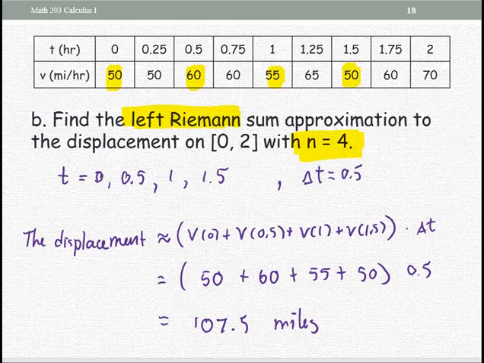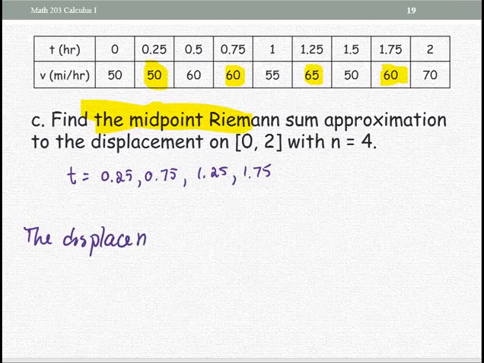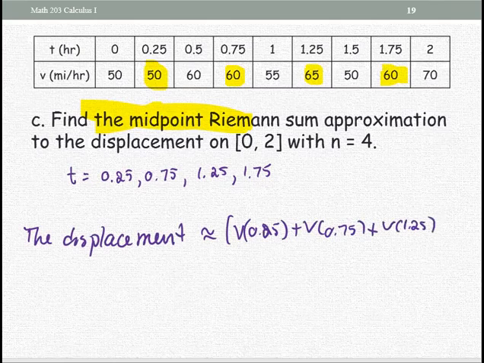And then same way for the last one, we use the midpoint Riemann sum. In this case, since we listed the points of calculation, and delta t is 0.5, we're going to use the function values at those points. So the displacement is approximately equal to the sum of the velocity at 0.25 plus the velocity at 0.75 plus the velocity at 1.25 plus the velocity at 1.75, and then multiply by the delta t.